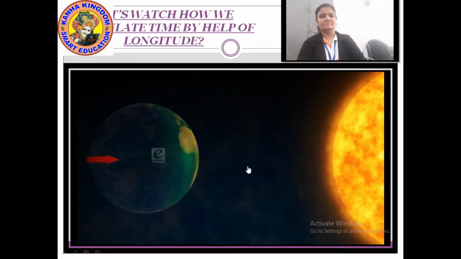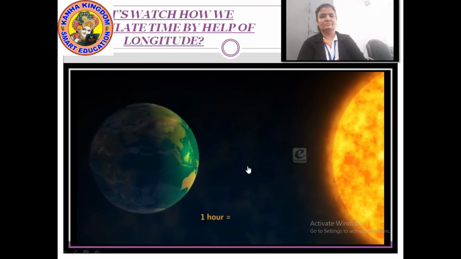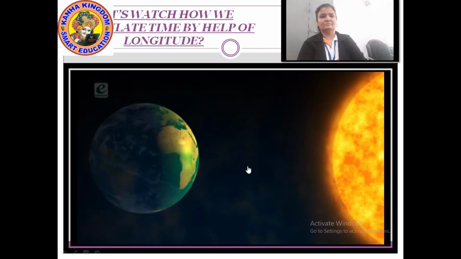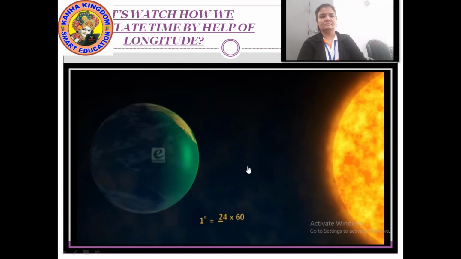In other words, 360 degrees is covered in 24 hours, and 1 hour is equal to 60 minutes. Therefore, 1 degree is covered in 24 into 60 divided by 360, which is equal to 4 minutes.